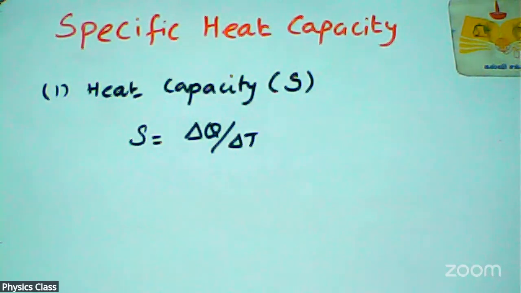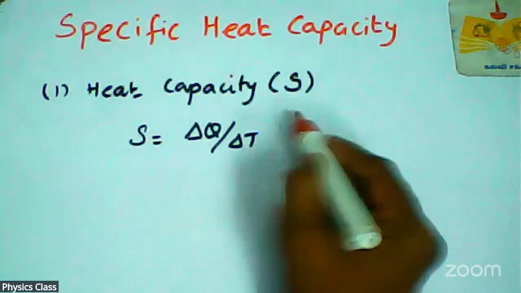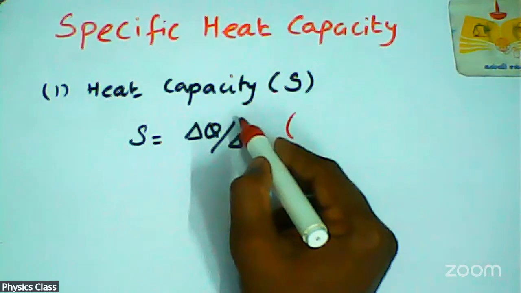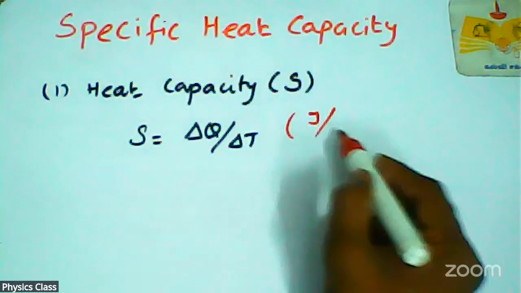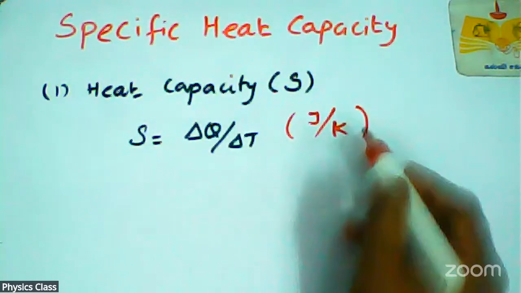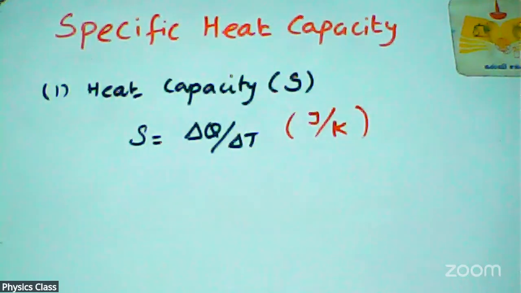Units: heat energy in joule, temperature in Kelvin, so joules per Kelvin. Clear? Next one, specific heat capacity.